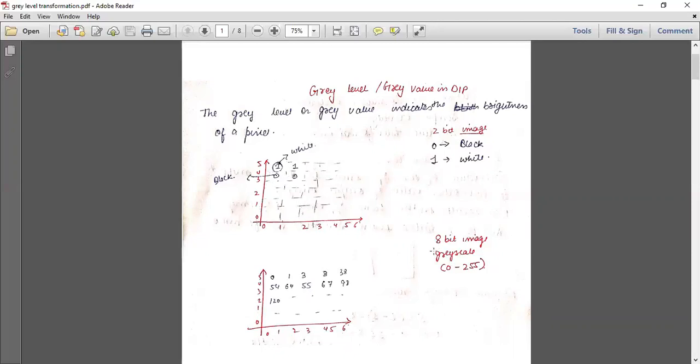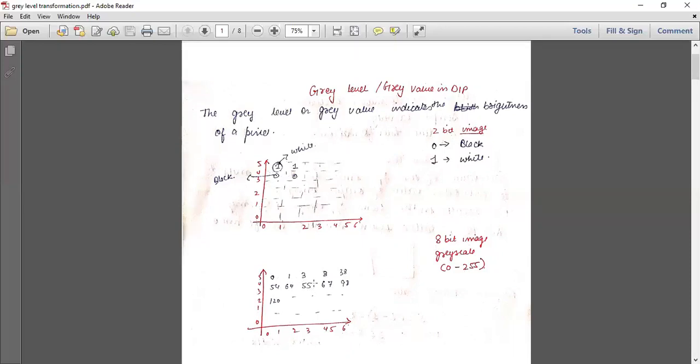But if we take an 8-bit image, the grayscale level will vary from 0 to 255. So they have a mixture of colors from 0 to 255 range. Again we are considering a different grid. Here the value will vary from 0 to 255. Suppose here is 0, 1, 3, 8, 38, etc. Suppose we are considering 55.